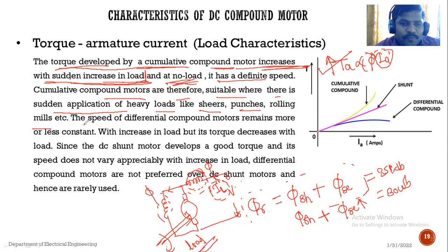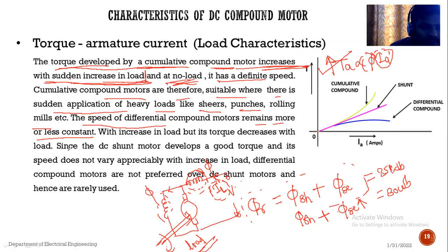Okay. And the speed of differentially compounded motor remains more or less constant. आणि differentially compounded motorचं speed जे आहे, it is more or less constant. Okay. A DC shunt motor combining a series field winding will develop a good torque and its speed does not vary appreciably with increase in load.